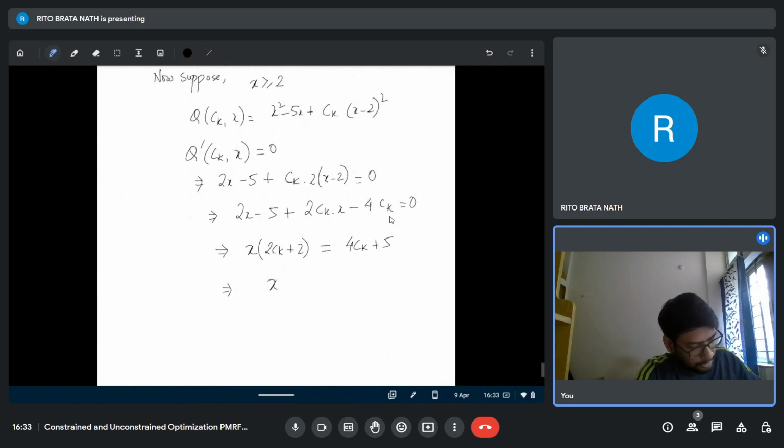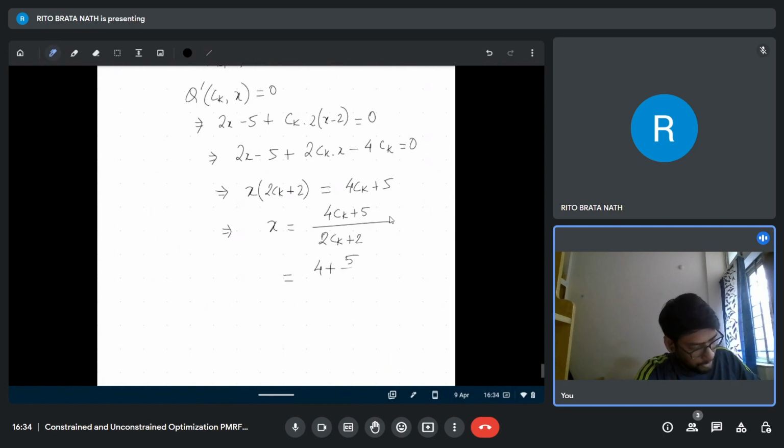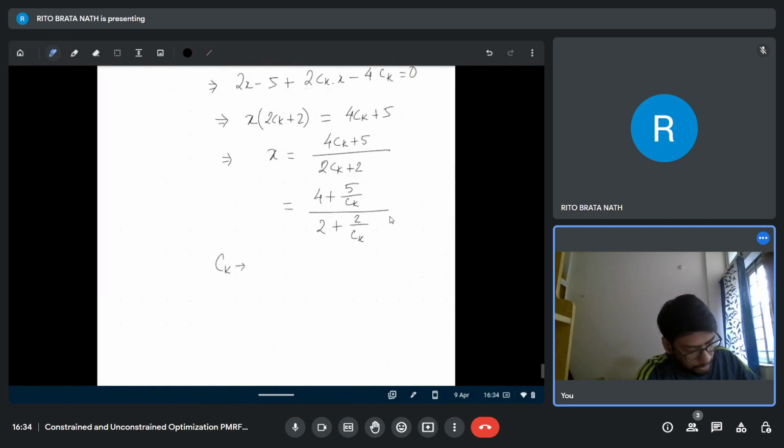So x is (4c_k plus 5) by (2c_k plus 2). Or I can write it down as (4 plus 5 by c_k) over (2 plus 2 by c_k). Now suppose c_k tends to infinity, that will give you x star equals 2.